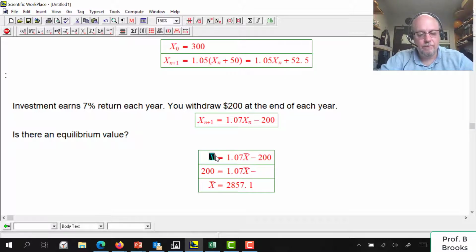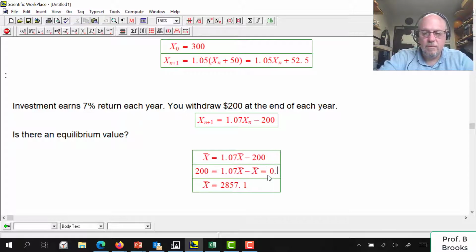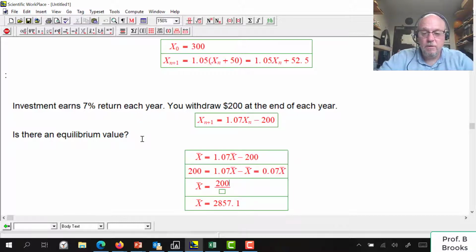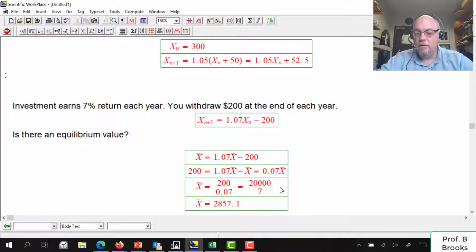Let's bring the 200 over to that side of the equation, and then this would be minus x of n, which would be just 7% of x of n. And then solve for the equilibrium, which would be 200 divided by 0.07. And I guess if we want to make this exact, that's the exact value.